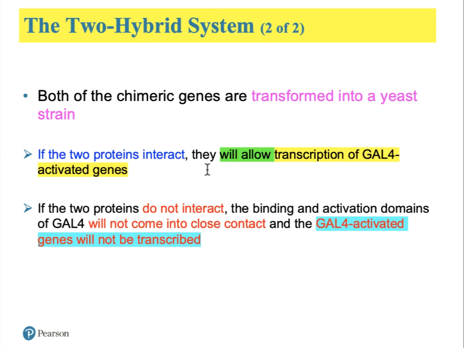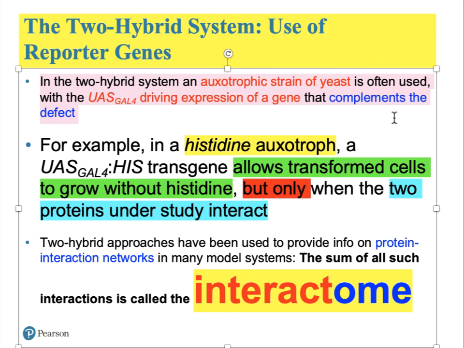Then we can test if the two proteins interact by the presence of appropriate types of colonies on the plates. By utilizing knowledge of yeast biology in terms of auxotrophs and prototrophs, we are able to design an experiment that has the appropriate reporter genes expressed under appropriate conditions.